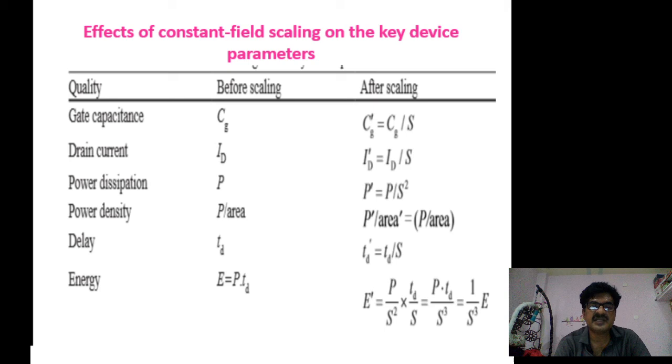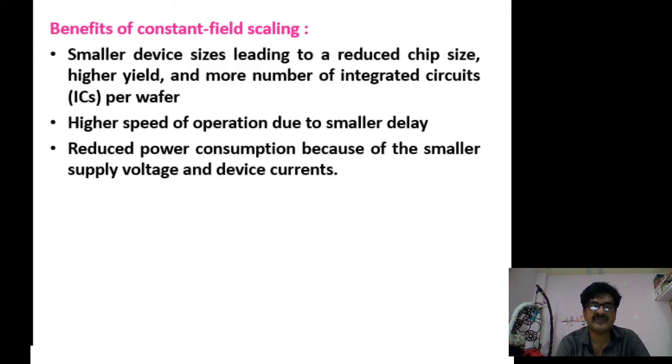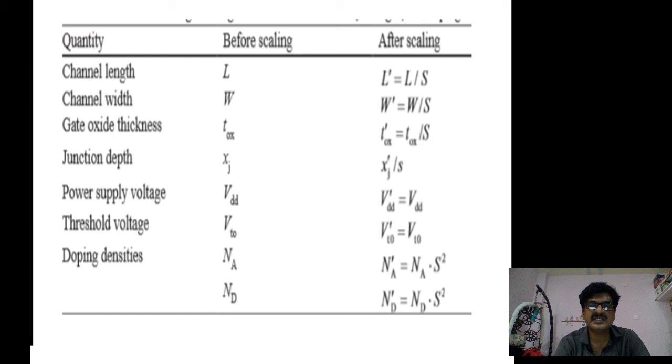To get good compatibility, a proper arrangement needs to be provided again. To avoid this problem, we can use another type of device scaling technique, that is constant voltage scaling. Here the voltage is maintained constant, whereas all other dimensions are scaled by a factor of S.